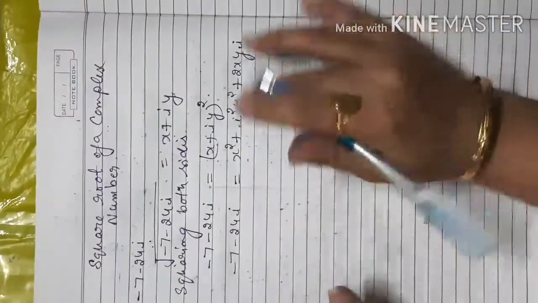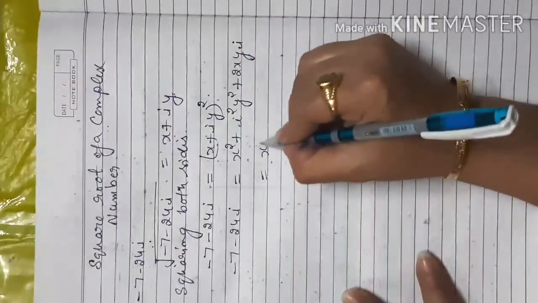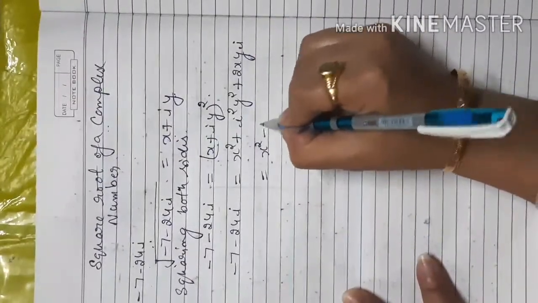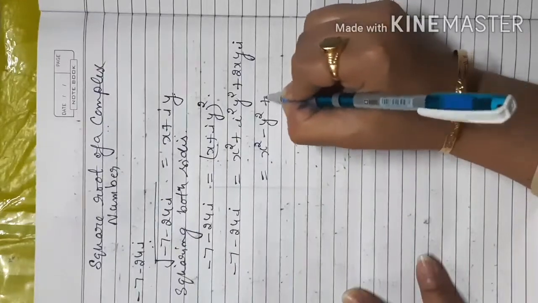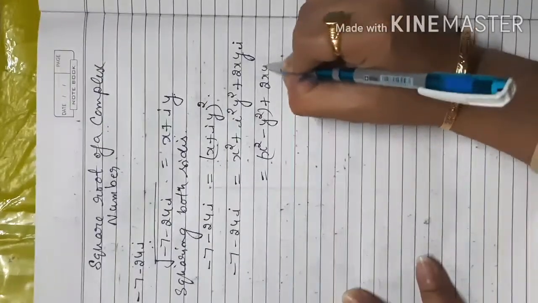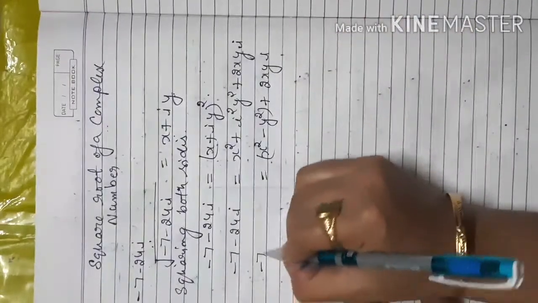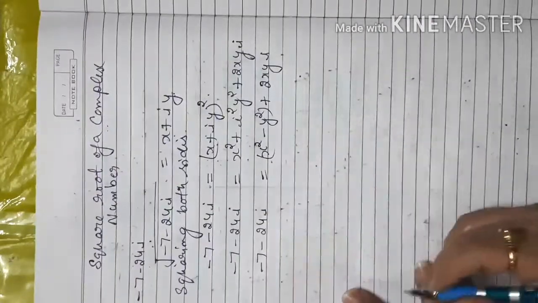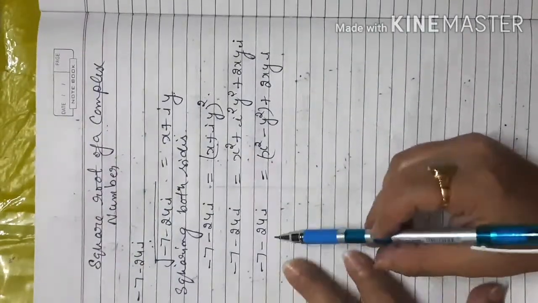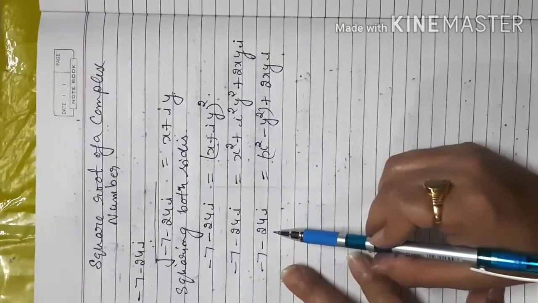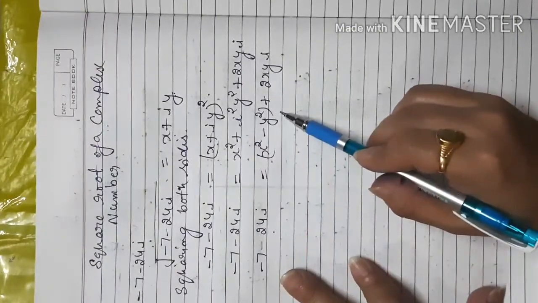Now arrange this in proper complex form. i square is -1, so x square minus y square, then 2xyi, and here is -7 minus 24i. So now there is one complex number on the left side and another complex number on the right side.